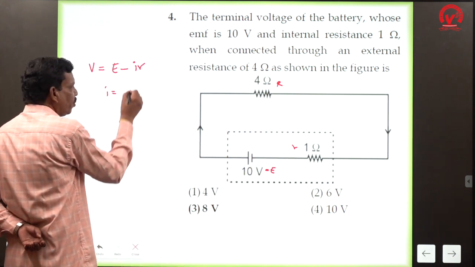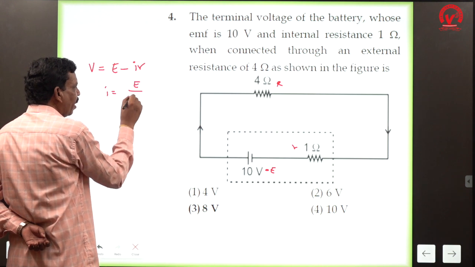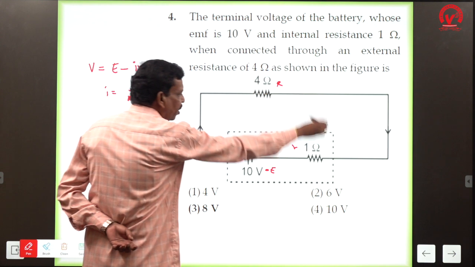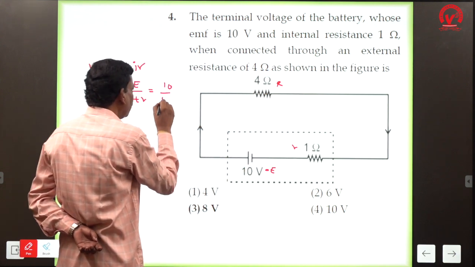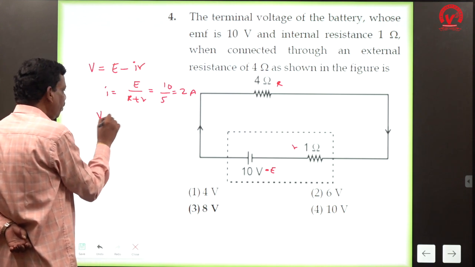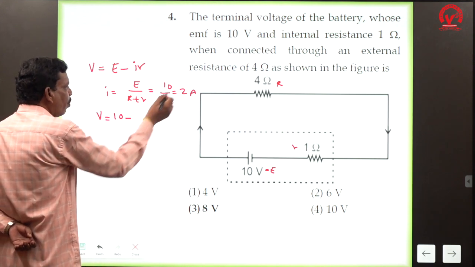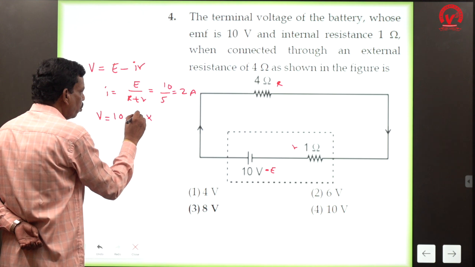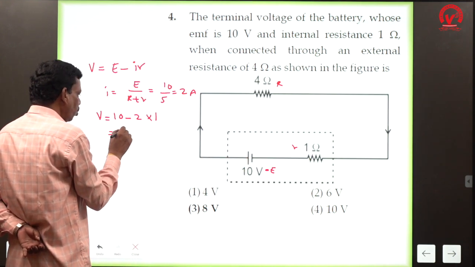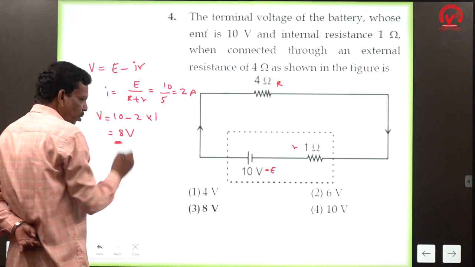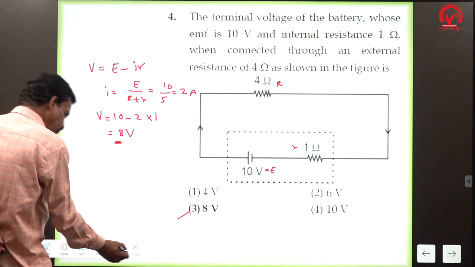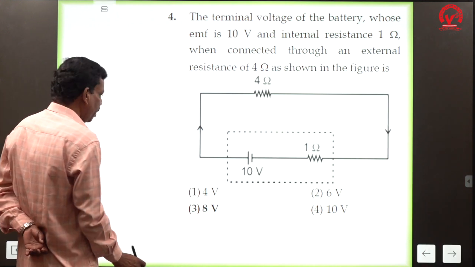I is equal to E by capital R plus small r. That equals 10 by, in series, 4 plus 1, 5. That equals 2 ampere. Now terminal voltage V is equal to E, 10, minus 2 into 1, small r is 1. That equals 8 volts. So which option is correct? Third option is correct.